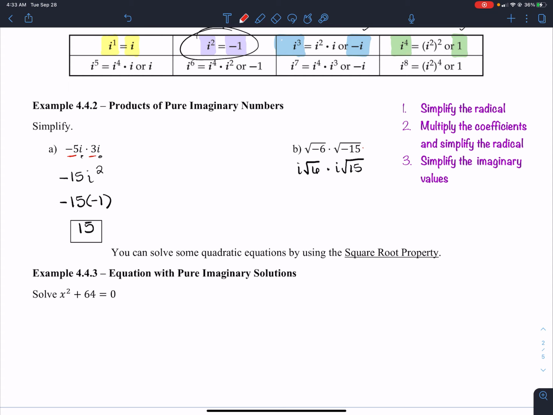So I'm going to do i times i. That gives me i squared. Underneath the radical, I have 6 times 15, which is 90. i squared makes -1.